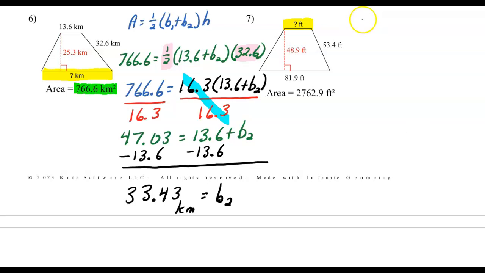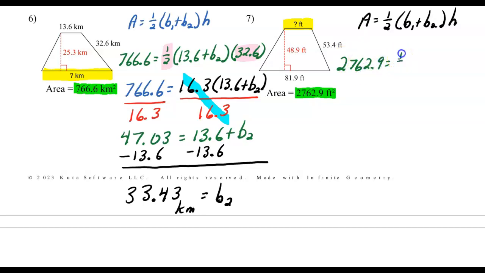Again, the area of a trapezoid is 1/2 base 1 plus base 2 times the height. I'm told that the area is 2,762.9, so I'll substitute that into the left side. That's equal to 1/2 base 1, I don't know, plus the 81.9, and then the height is the 48.9.